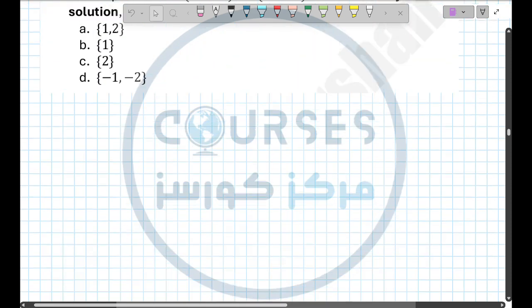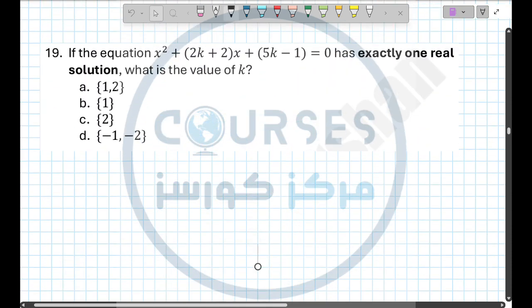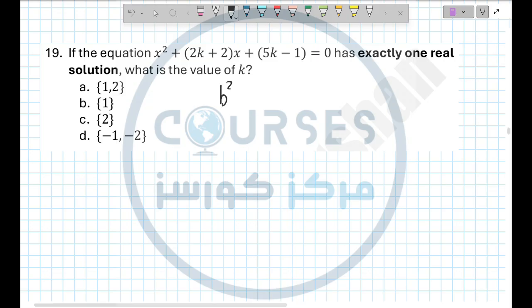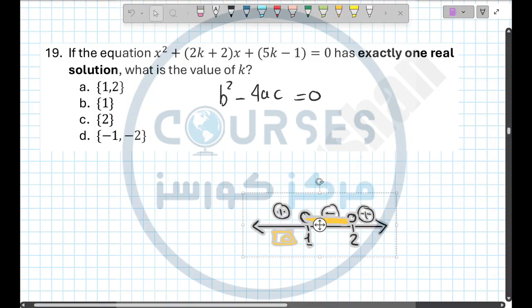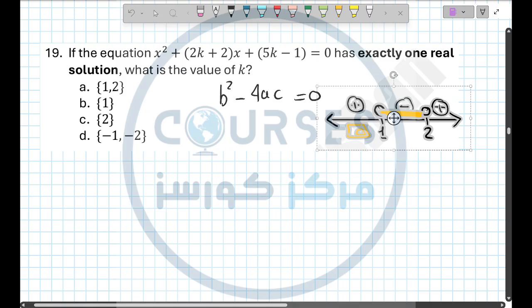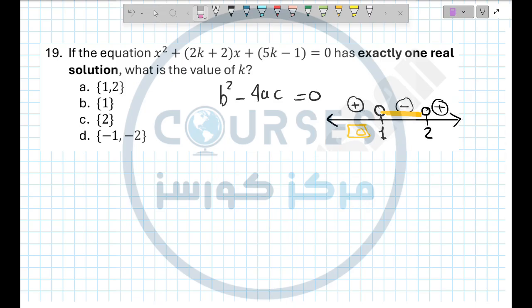Or he can ask for exactly one real solution. That means b squared minus 4ac is equal to 0. Well, in this case, you just need the values of k. We took the values of k without testing, because you just need the values of k. The values of k from this graph were 1 and 2.